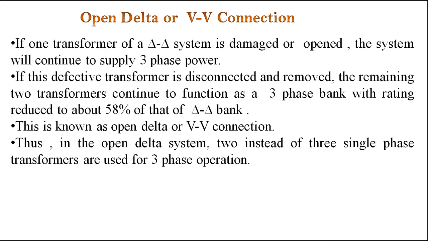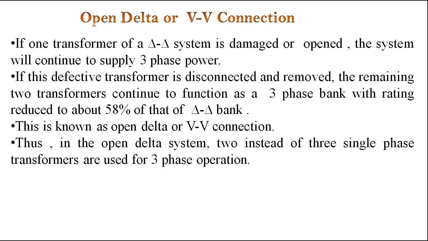That is, if the three transformers connected in delta are supposed to supply 100% of the volt ampere to the load, then if any one transformer is opened, faulty or removed, the two transformers are still capable of supplying 58% of the load.